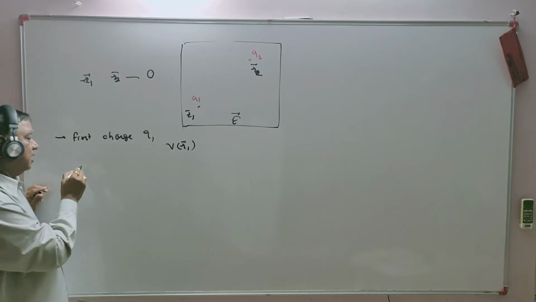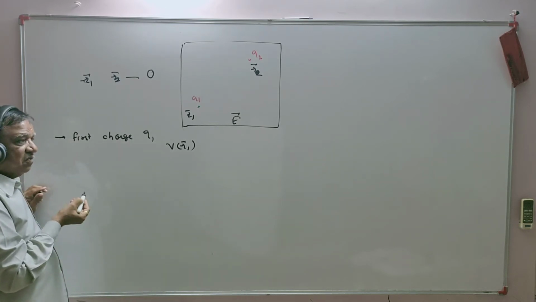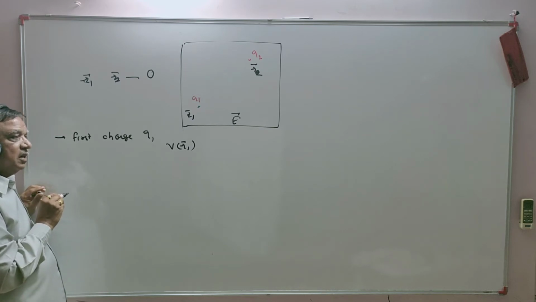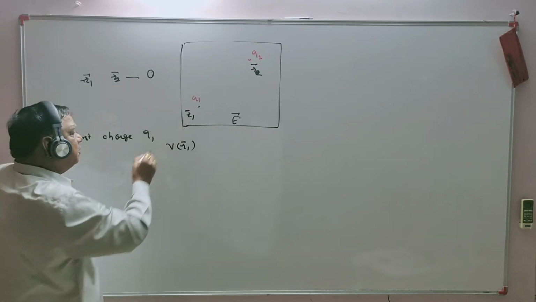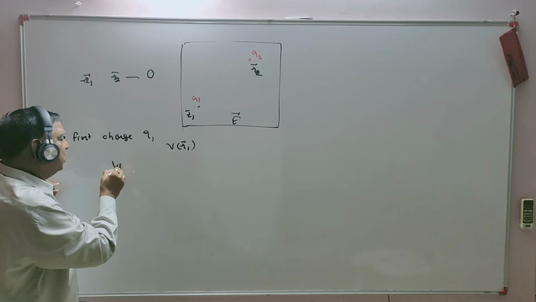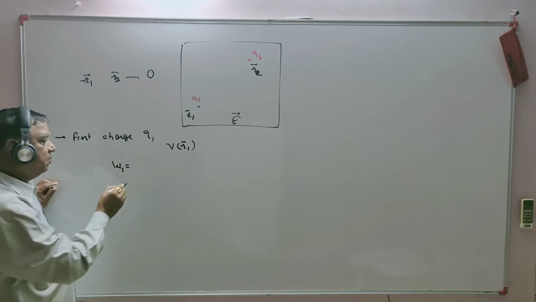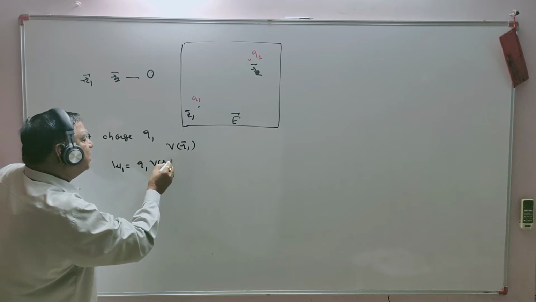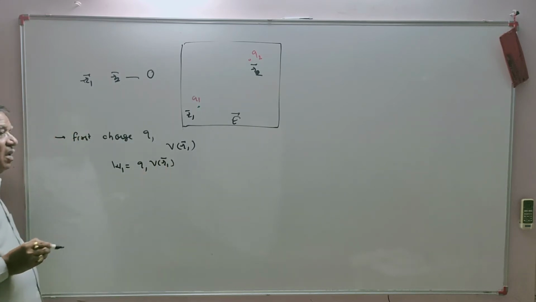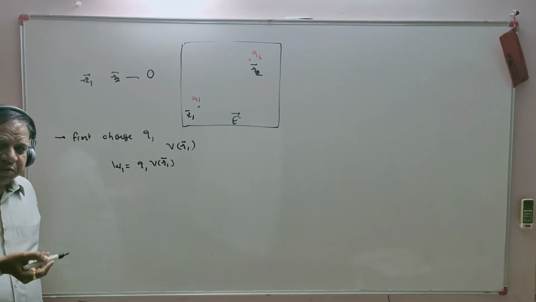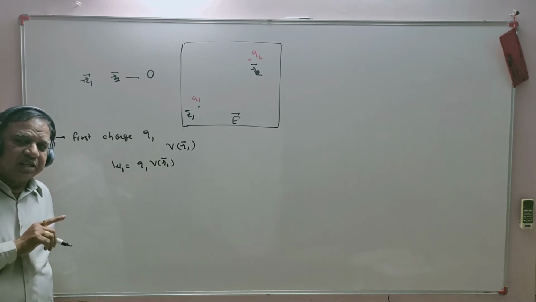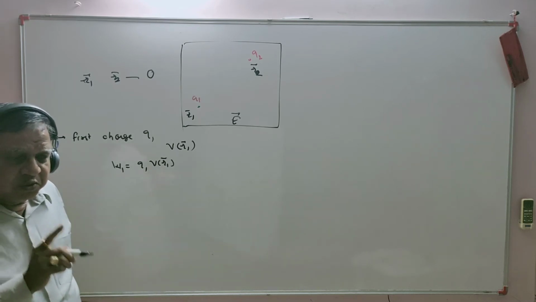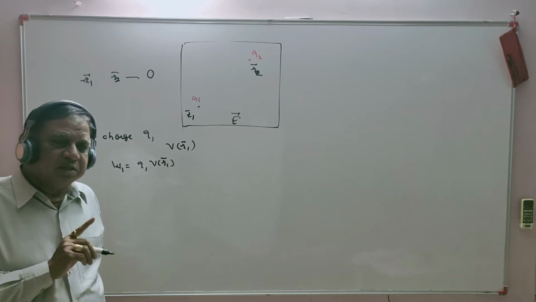According to the definition, the work done against the electric field at that point is W1, which means q1 V(r1). In the previous topic, if the field is not there, then there is no need of work.